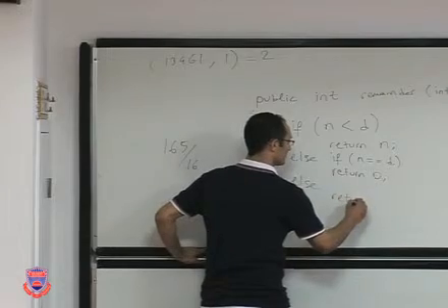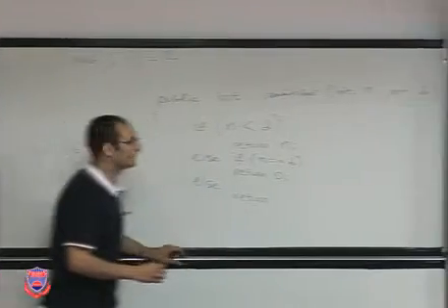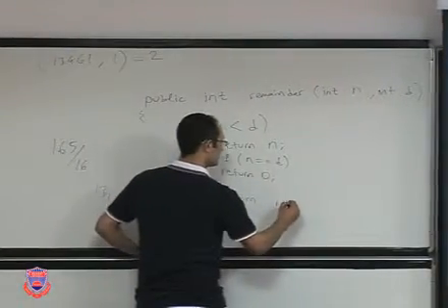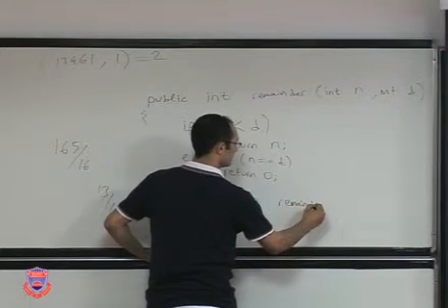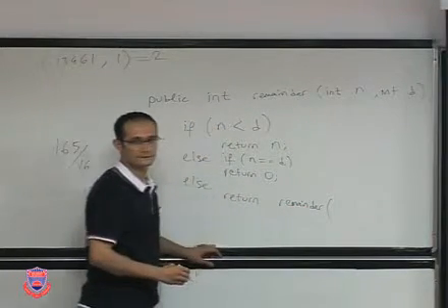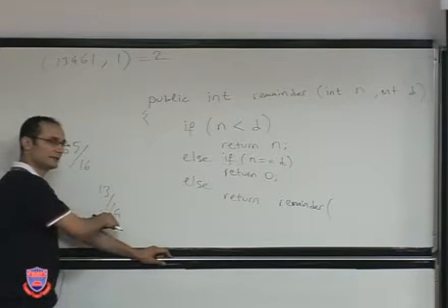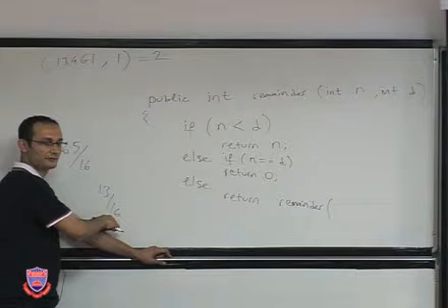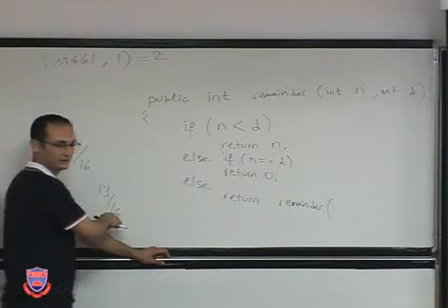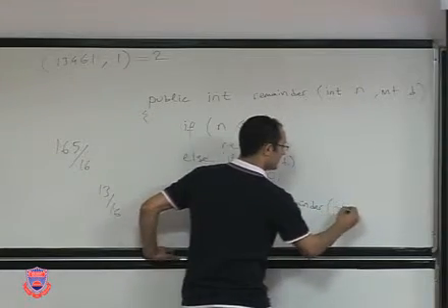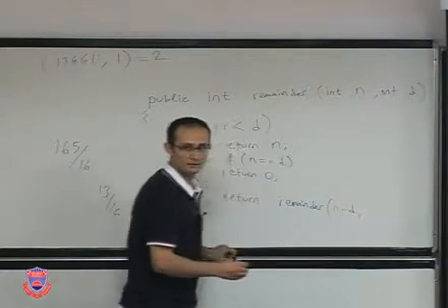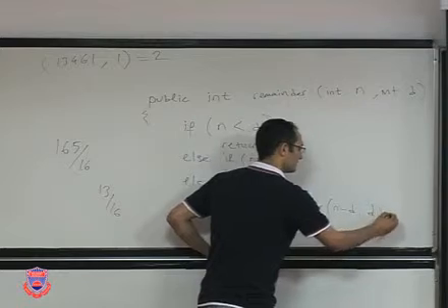Return. I will call remainder. Basically, if you subtract the denominator from the numerator, you're going to get to the remainder, right? So you'll call it with n minus d, and then d.